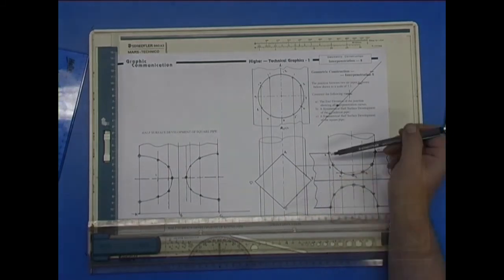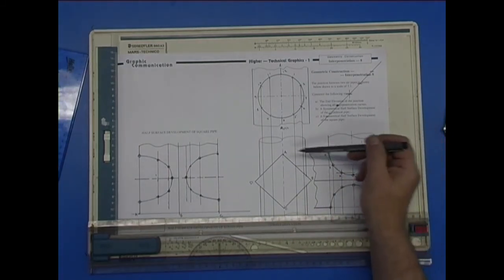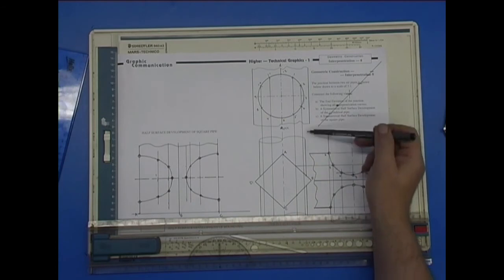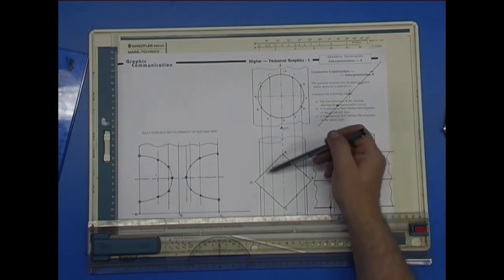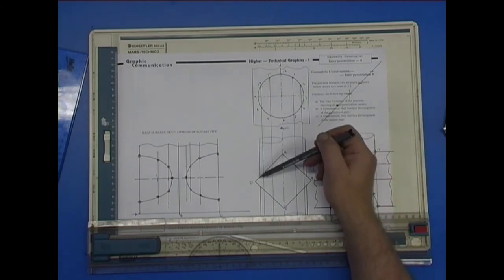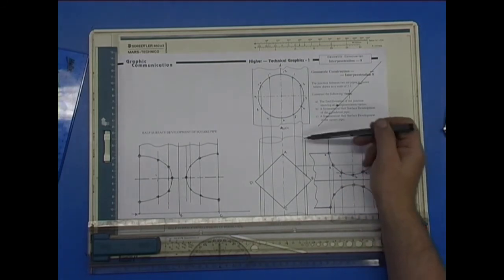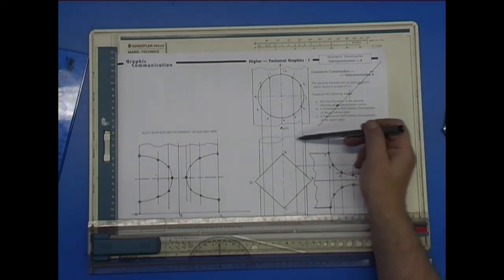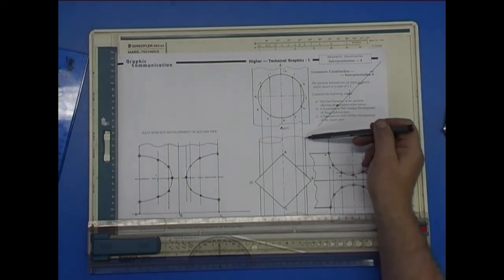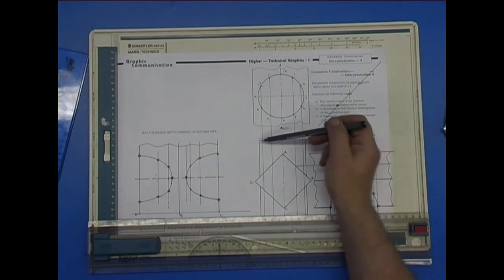What we're asked for now is the surface development of the cylinder going in. You only ask for half of it, so what I'm going to do is set a reference line up to give a fixed datum point somewhere about here.